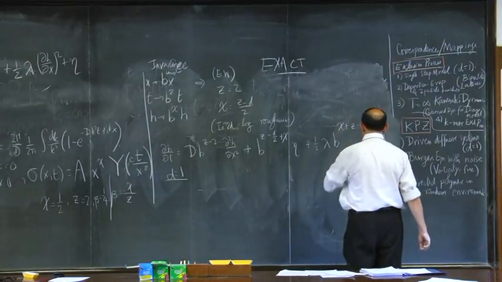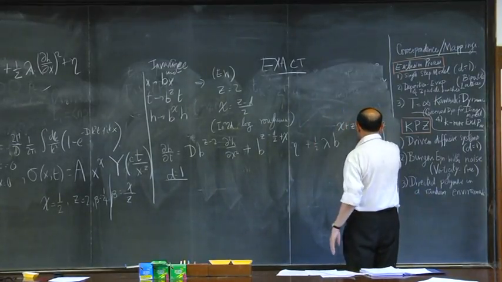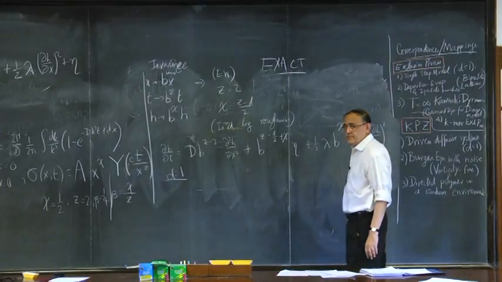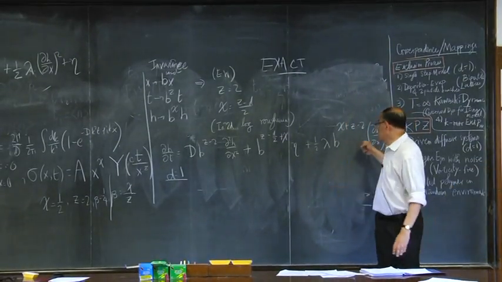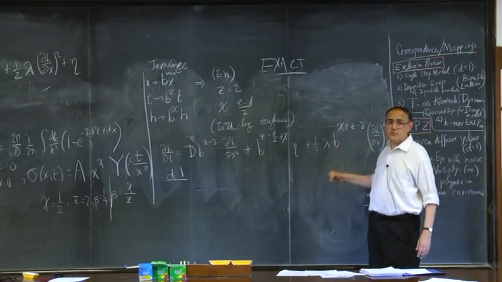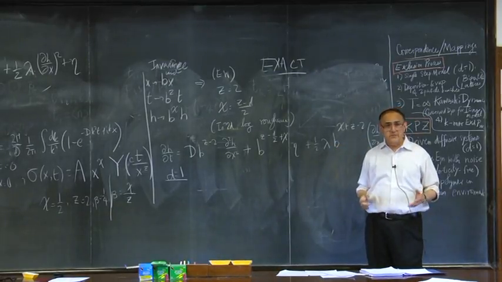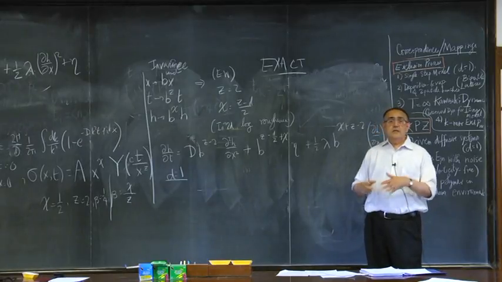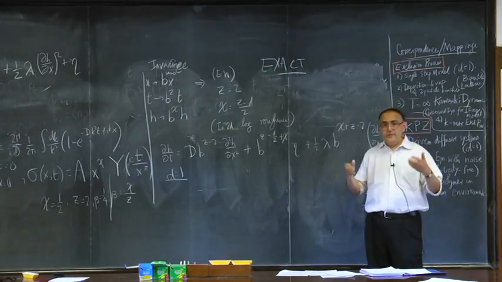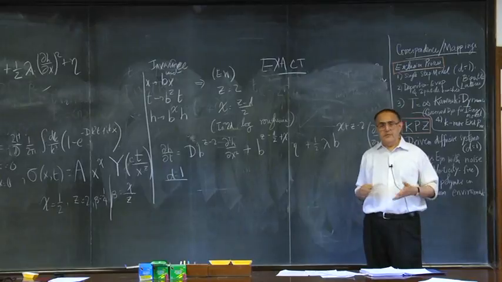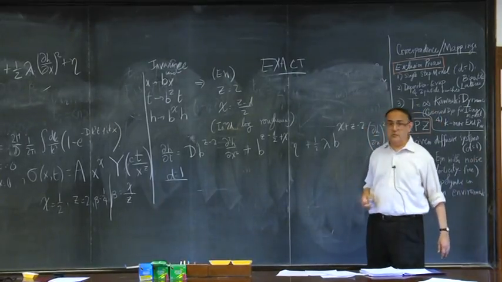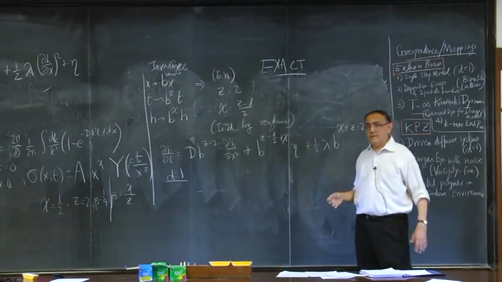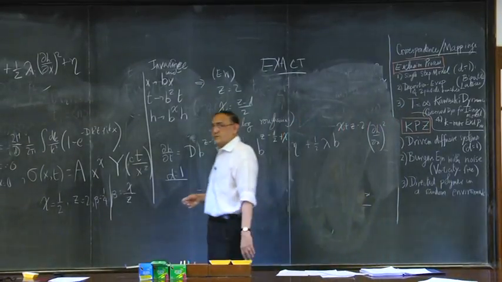So, we can substitute here. What will we get? 2 minus 2 is 0. This is b to the half. Since b is large and getting larger, this will get very big, no matter how small lambda is. So, what it says is that this perturbation is relevant. The linear theory will not be valid the moment you have lambda, no matter how small. And in fact, the moment you have lambda, you have the KPZ theory.